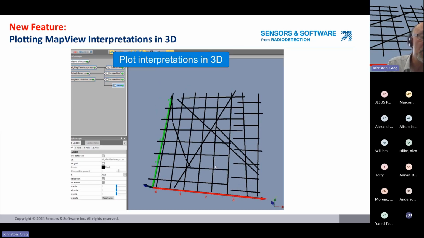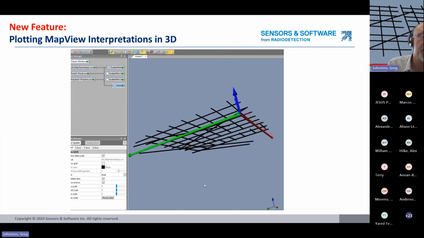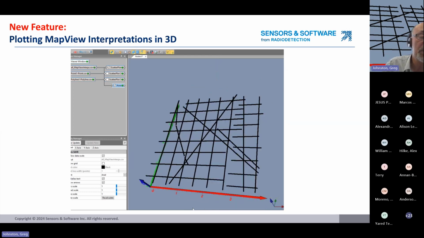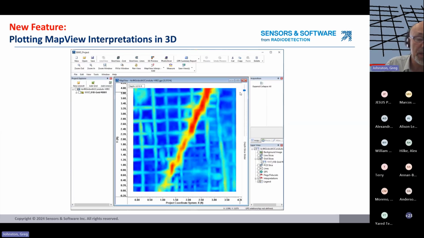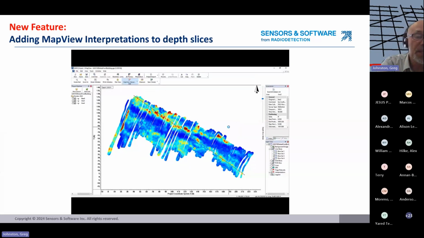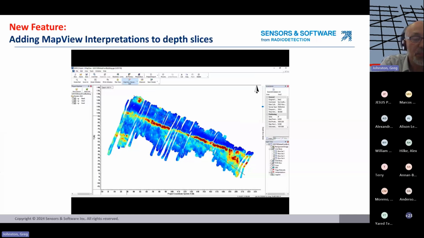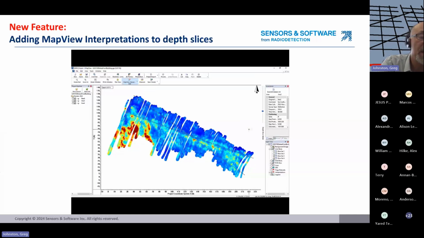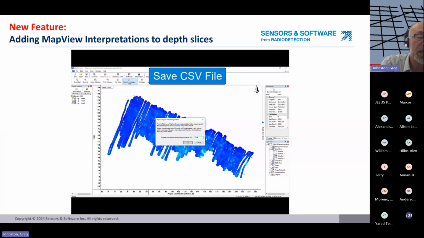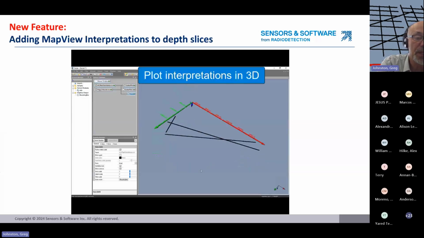And then at this step, when you save it as a CSV file, it asks if you want to look at it in 3D. And here we can see the conduits that are running underneath. So in this case, we got depth slices on utilities. We're seeing there's a lot of reflectors in here in red, but there's only a few that are showing a linear reflection that are interpreted as utilities.